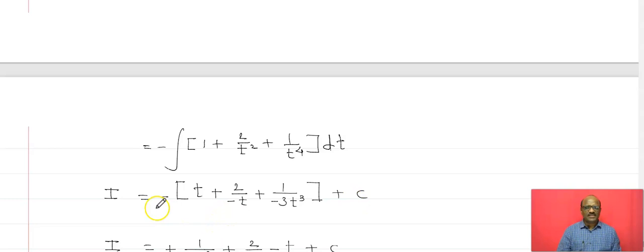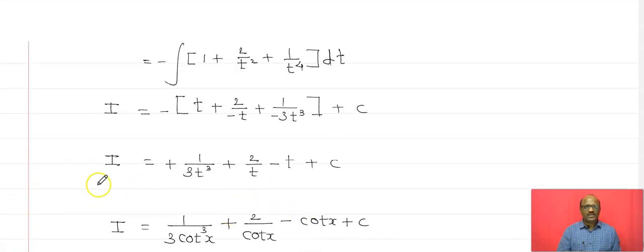Its integral is minus, integral of 1 is t, integral of 2 upon t^2 is minus 2 upon t, and integral of 1 upon t^4 is minus 1 upon 3t^3. Overall the two minus signs make the latter two terms plus. Therefore you will get I equals plus 1 upon 3t^3 plus 2 upon t minus t plus c.